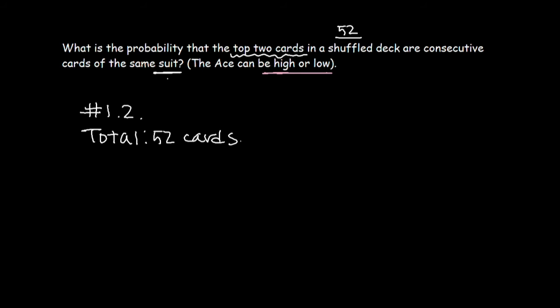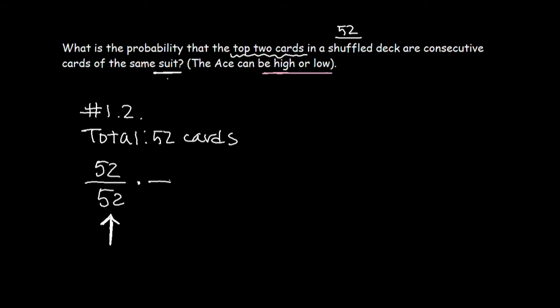They have to come from the same suit. So what is the probability of pulling the first card? It can be any card, right? So you'll be choosing any of the 52 cards out of the 52 cards you have in total. It doesn't matter if you pull a spade or a diamond, because whatever card you pull in the first pull is going to determine what to pull in the second pull.